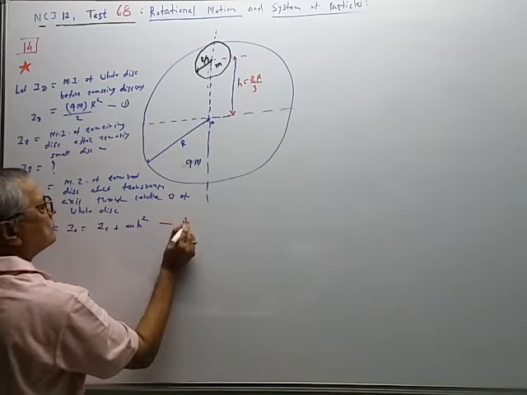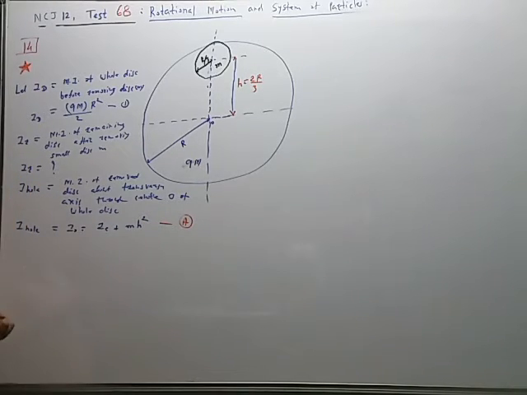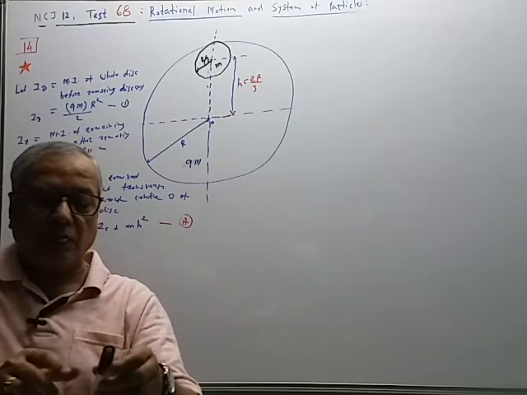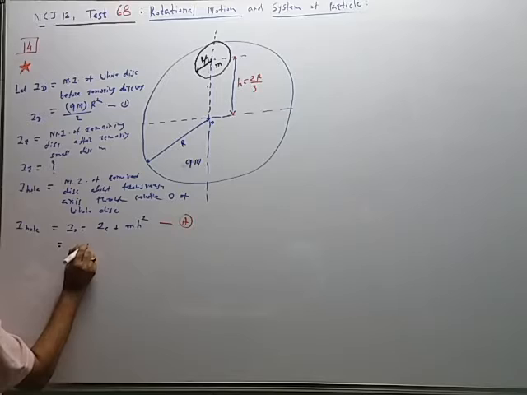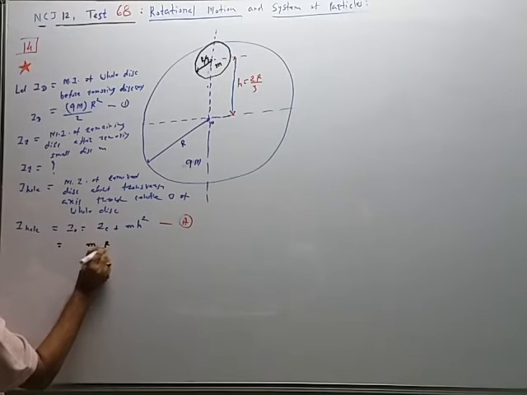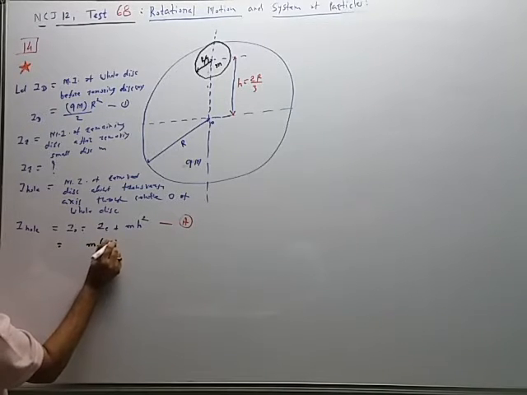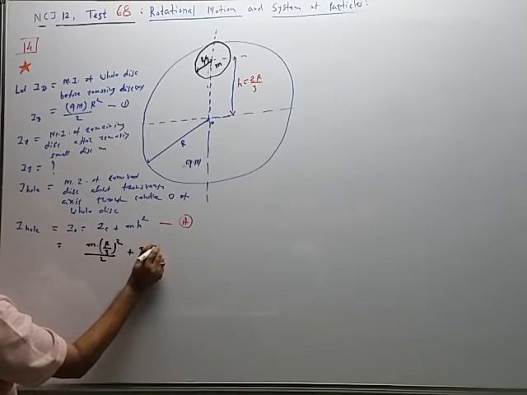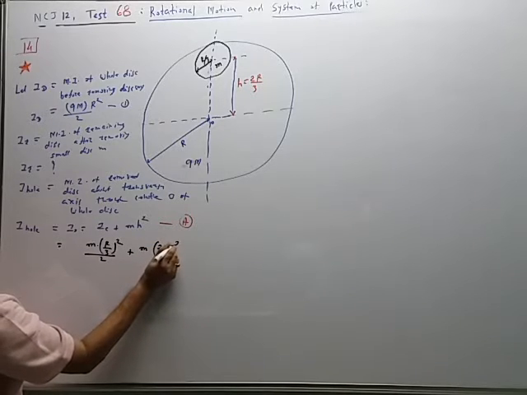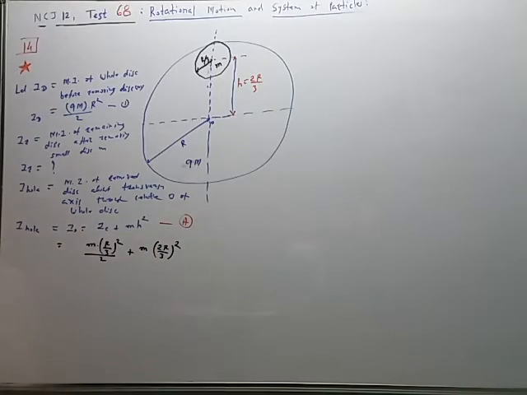So this is equal to M into (R by 3) whole square by 2 plus M into (2R by 3) whole square. This is I removed.